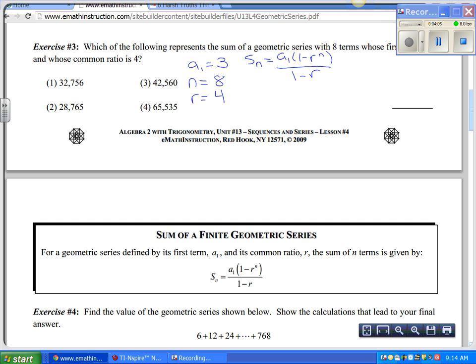So tell me how to plug this in. S sub 8. Good. Please find me the sum of my first 8 terms.